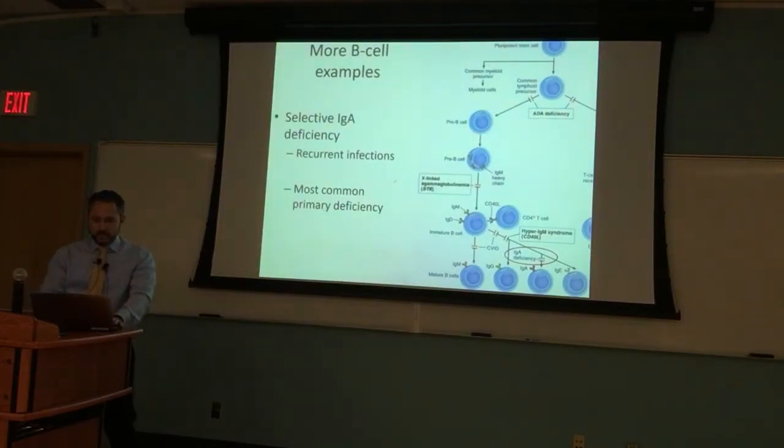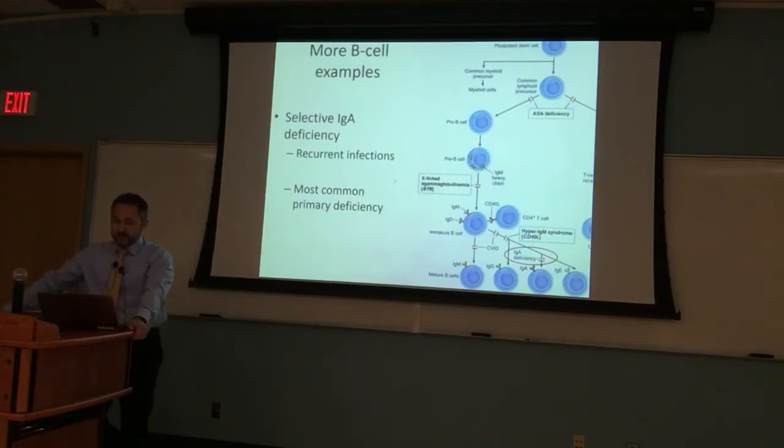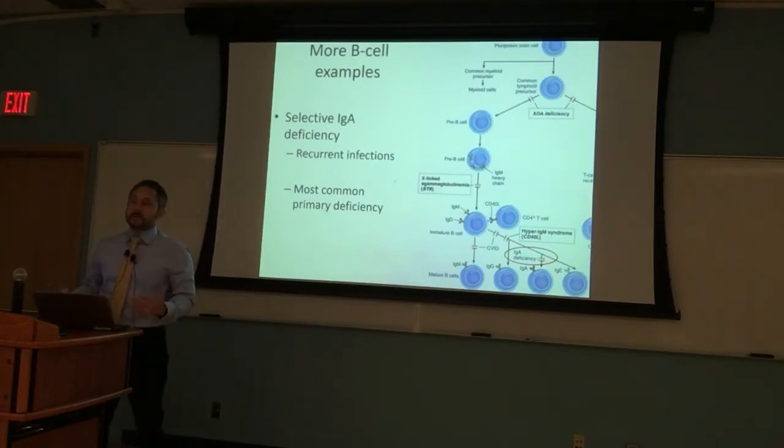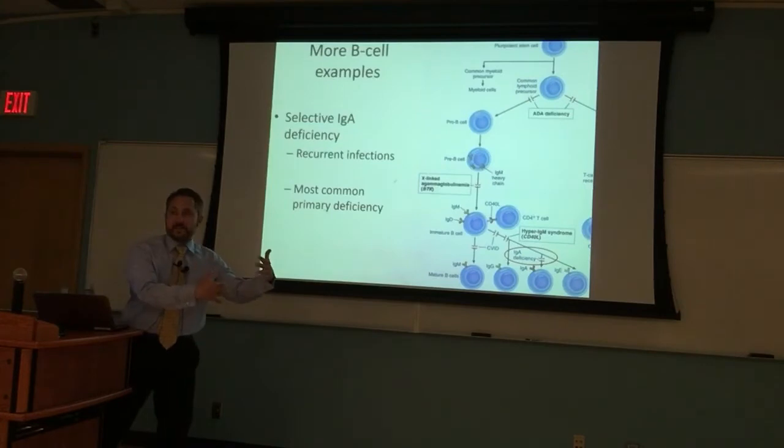Now, you remember back, IgA is associated with a lot of mucosal membranes. So these patients have a lot of sinus infections, respiratory and GI tract infections. They're 2 to 3 times more common in atopic individuals.